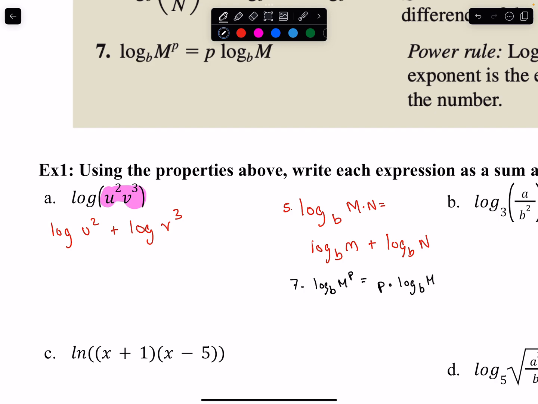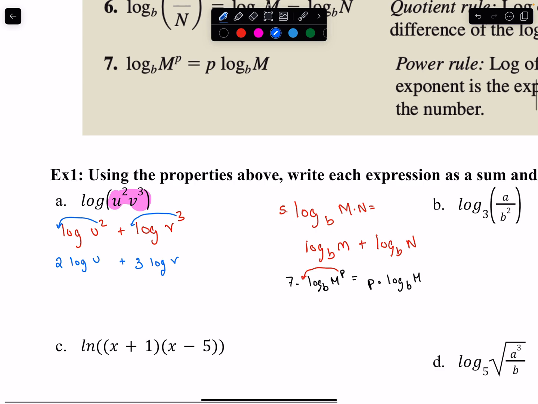So you're just able to take this exponent and put it in front of your log, which is really powerful in solving for exponents. So for this case, I'm going to bring the 2 in front, so this is going to be 2 times the log of u. You don't have to write multiplication, but it's implied. And then plus, I'm going to bring the 3 in front here, so 3 times the log of v. And that's how I would write this as a sum or difference.